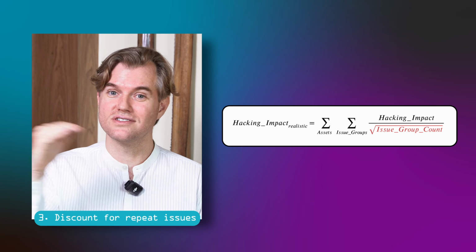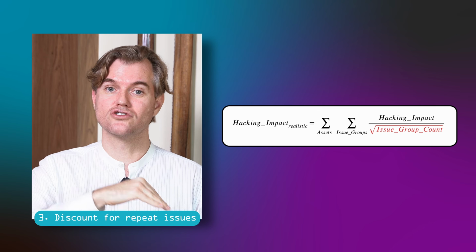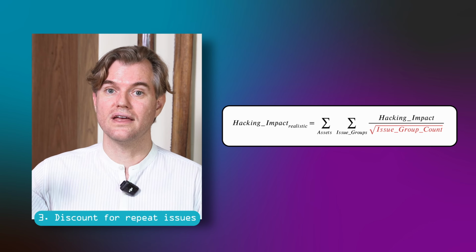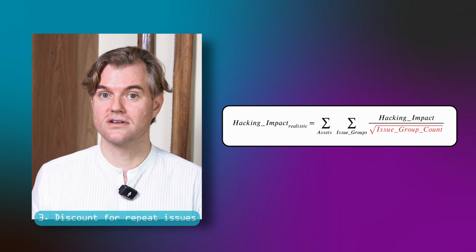It grows indefinitely, but of course slower and slower and slower as the number of occurrences keeps growing. So now we have a formula to have the hacking impact for your entire organization already discounting for the same issue being present on multiple instances and facing this diminishing returns.